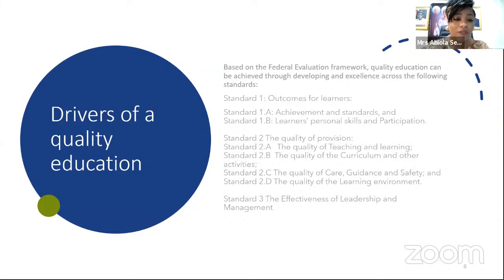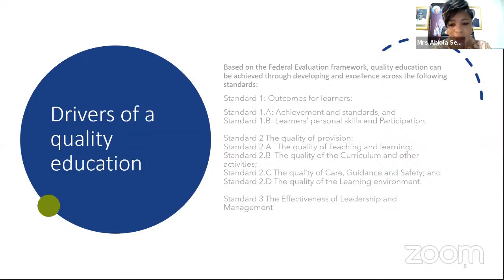So based on the federal evaluation framework, quality education can be achieved. So that's a good thing, okay? It can be achieved through developing excellence across the standards. Oftentimes, we know what makes a good education. We know it when we see the students. We know it when we walk into a good school that, yes, this school is offering quality education.